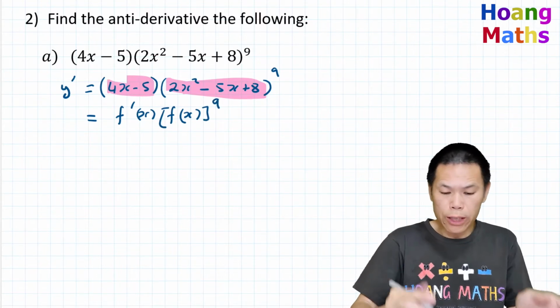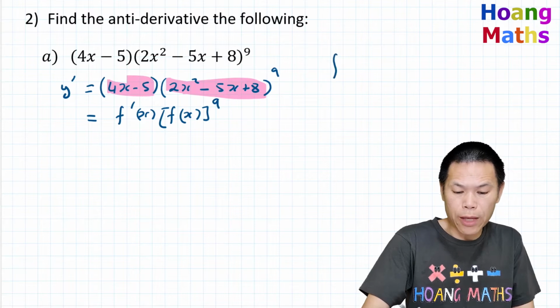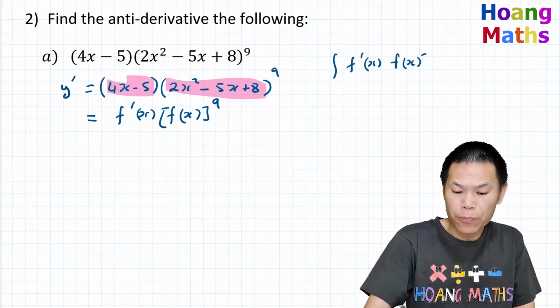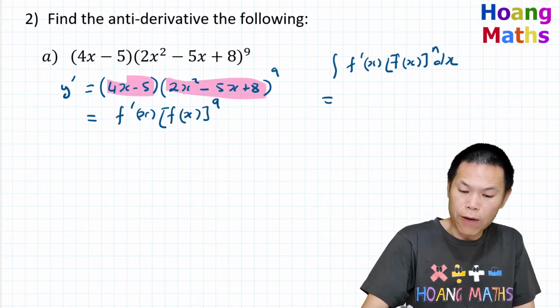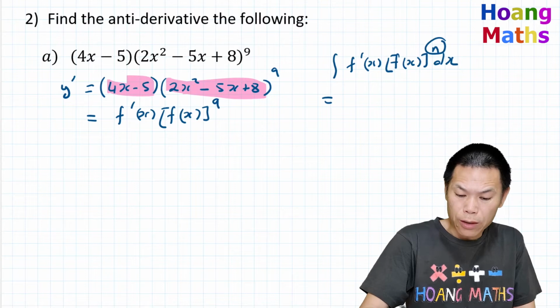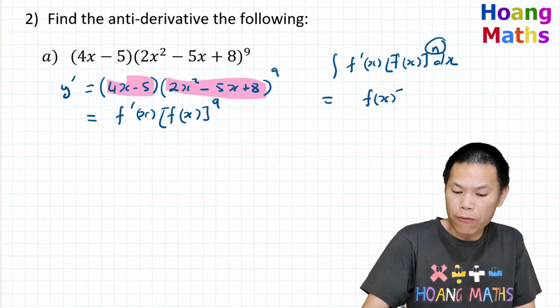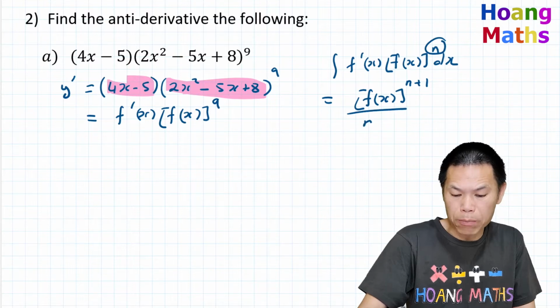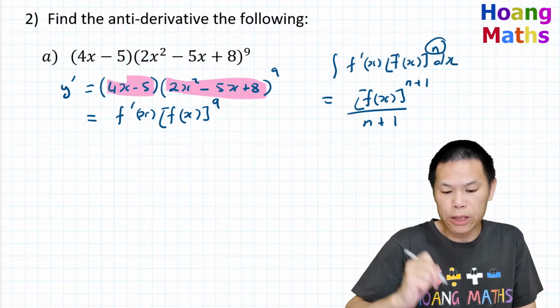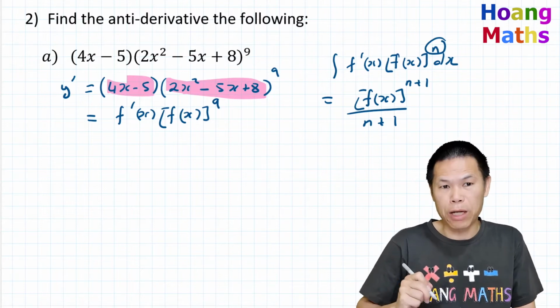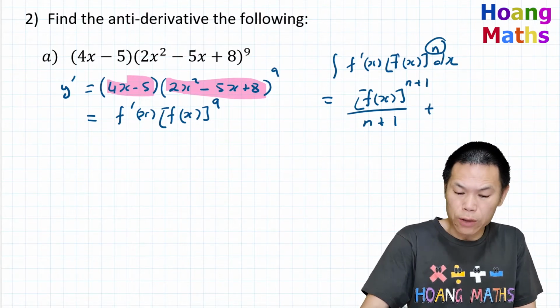So now the rule is if we integrate f dash x times f of x to the power of n dx, that will give us f of x to the power of n plus 1, and then we divide by n plus 1. Or you can write 1 over n plus 1 times f of x to the power of n plus 1. And we add a constant.